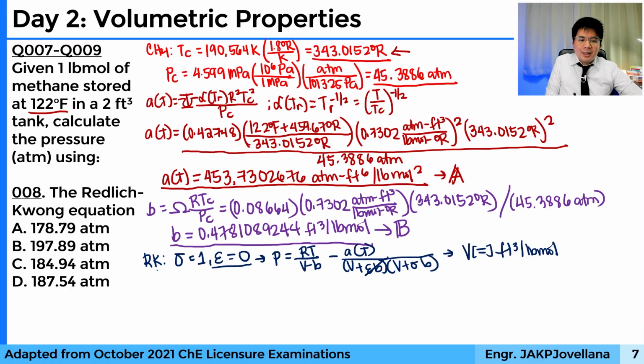Substituting all the values, P is equal to RT.